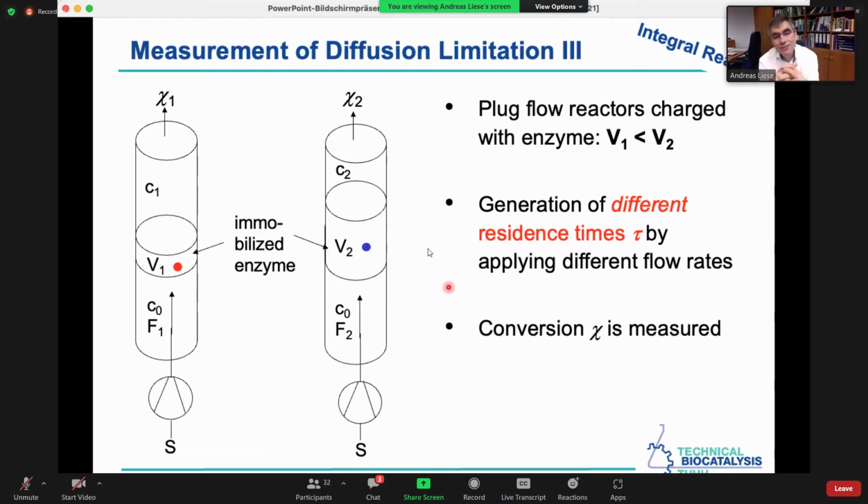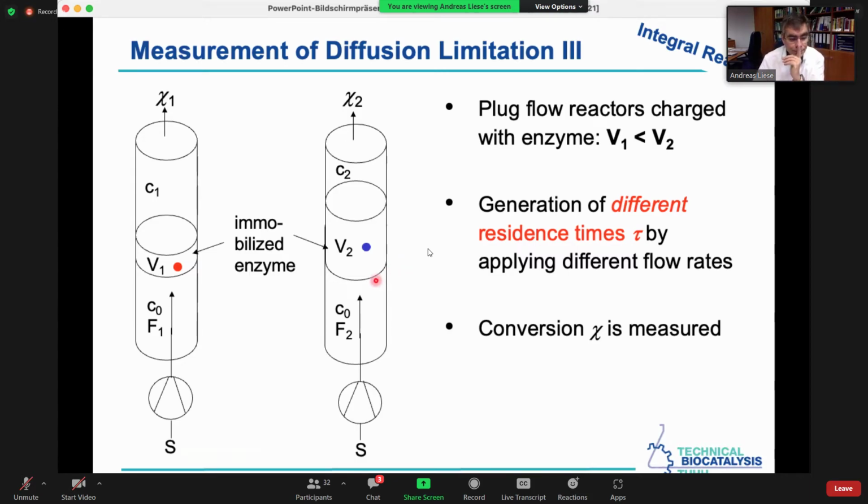Now we have the same two column reactors, but we run the experiment a bit differently. Or no, we're running the experiment the same, but we're analyzing it in a different manner. Once again, on the left side we have the small packed bed, on the right side the large, high packed bed. Volume 1 is smaller than volume 2.